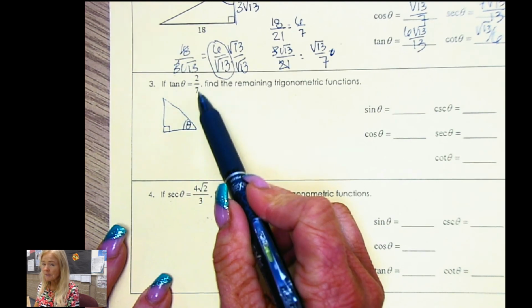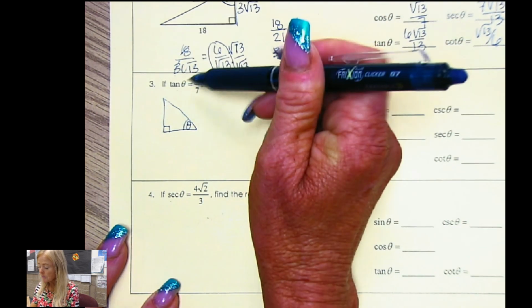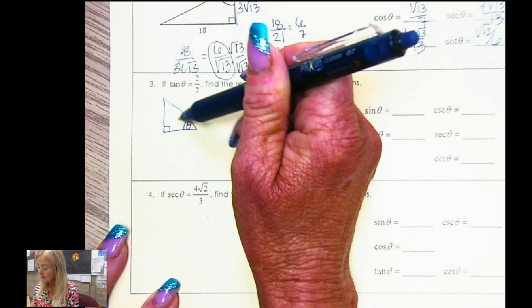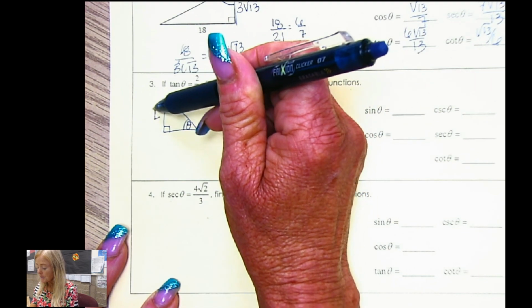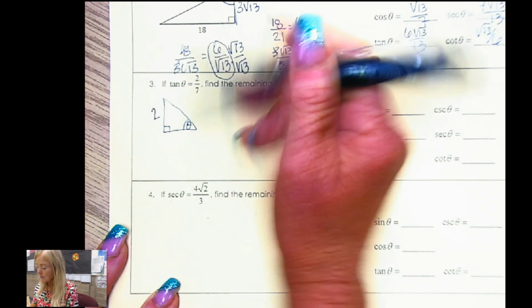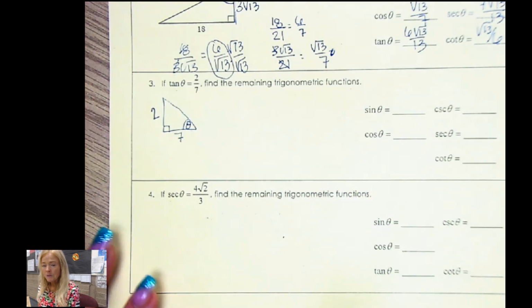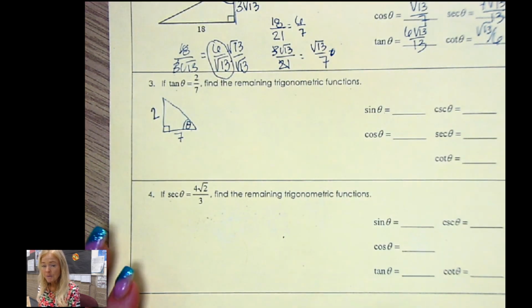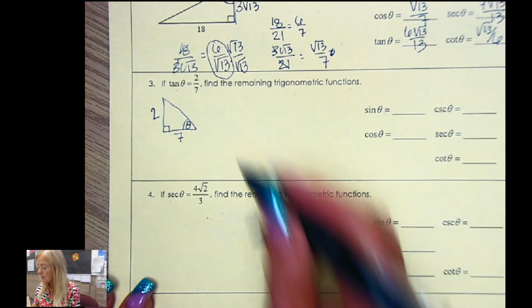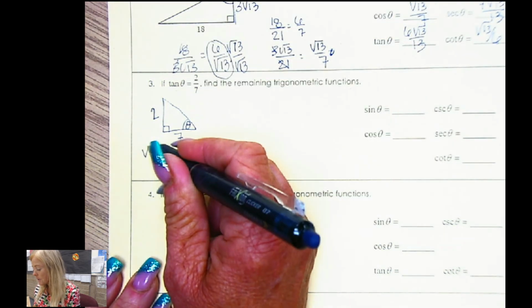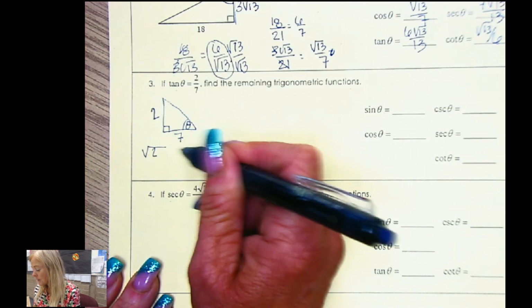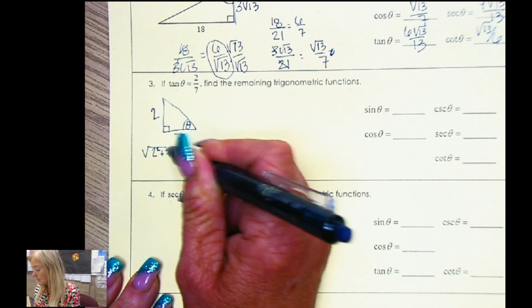Tangent is opposite over adjacent. So opposite is 2, and adjacent, the one that runs right into the angle, is 7. So those are the two sides that you have. You have the two legs, you don't have the hypotenuse. So in order to find the hypotenuse, you're going to take the square root of the sum of the squares of the legs.